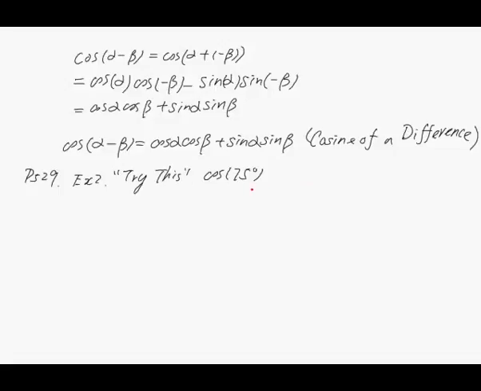We know we can use the cosine of a sum to find the exact value of this, but here we need to use the cosine of a difference. Now tell me which two angles I should use so that this 75 degrees is equal to the difference of those two angles.